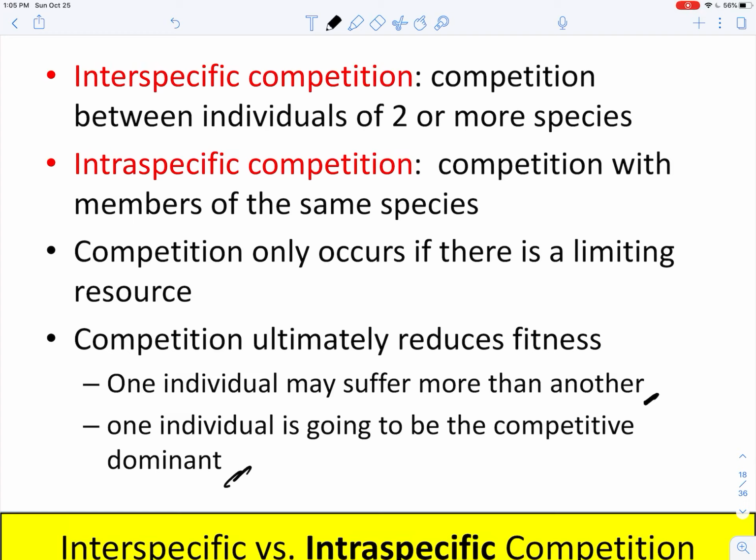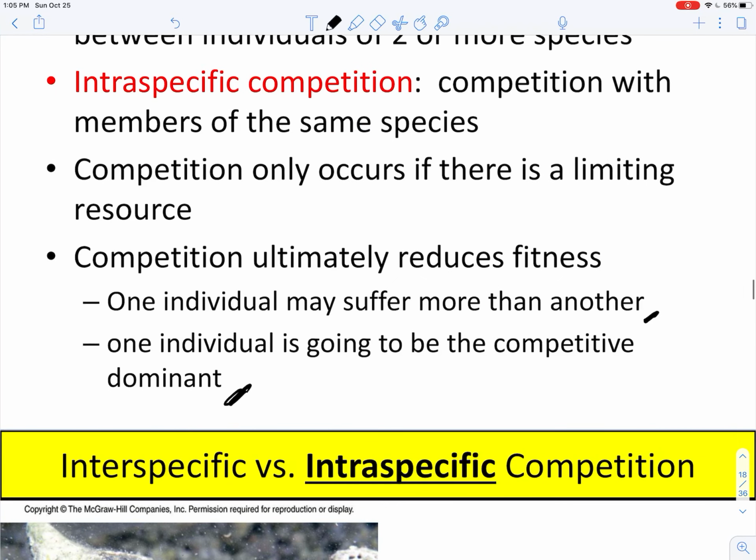And as individuals are spending more time competing, even if they're winning that competitive interaction, this comes at an energetic cost where they're not able to put as much energy into direct reproduction. So again, that's where we're getting this negative interaction as a symbiosis.